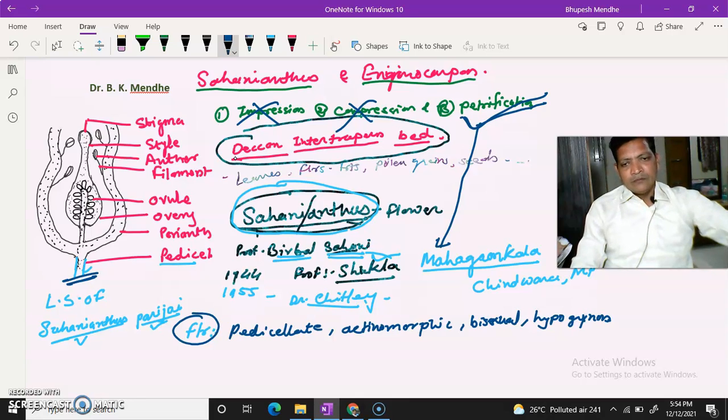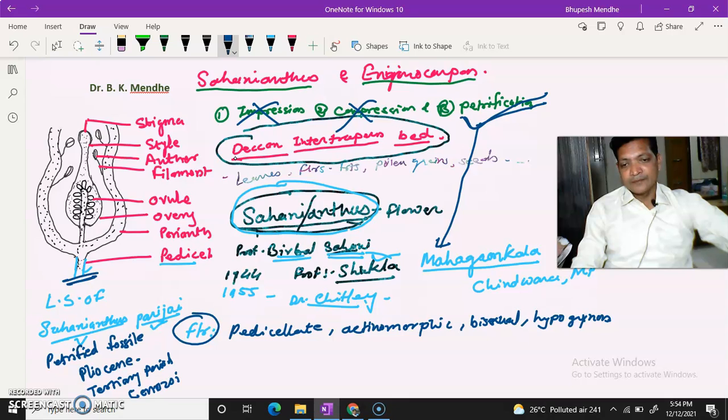Sahanianthus parijai is a petrified fossil, and the possible age of this fossil is the Pliocene epoch. You know the epochs of the Tertiary period, and the era was the Cenozoic era.